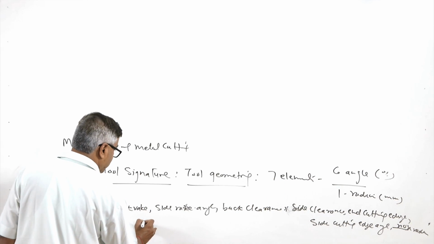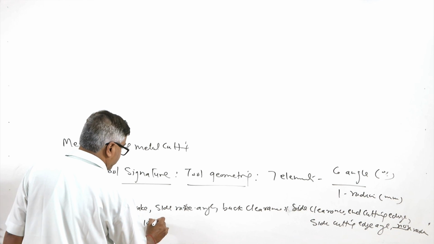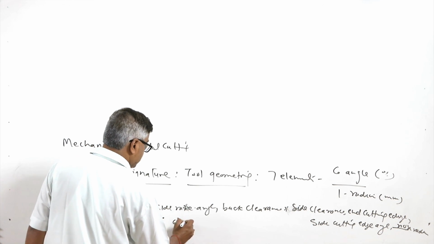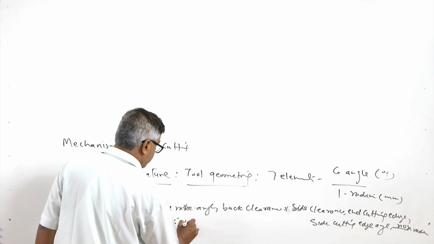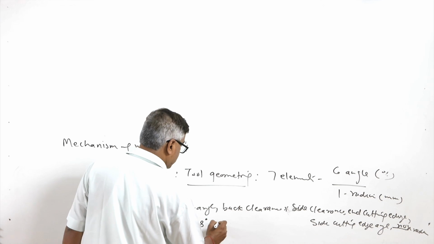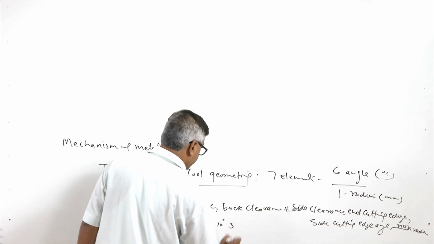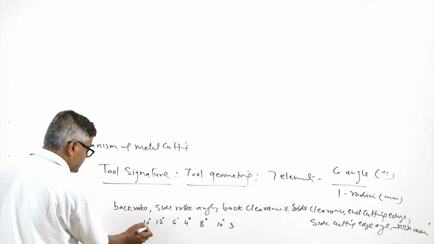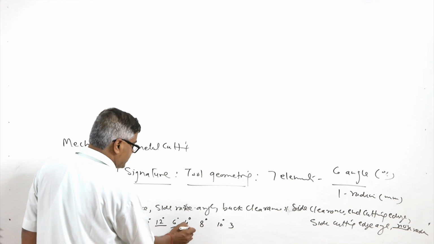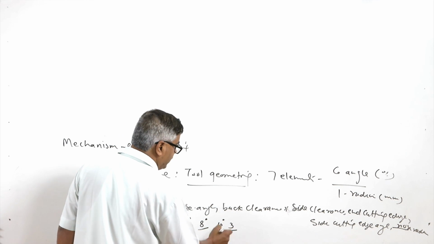So, for example, the tool signature may be mentioned as 10, 12, 6, 4, 8, 10 and 3. What it shows is the back rake angle, side rake angle, back clearance angle, side clearance angle, end cutting edge angle, side cutting edge angle and nose radius.